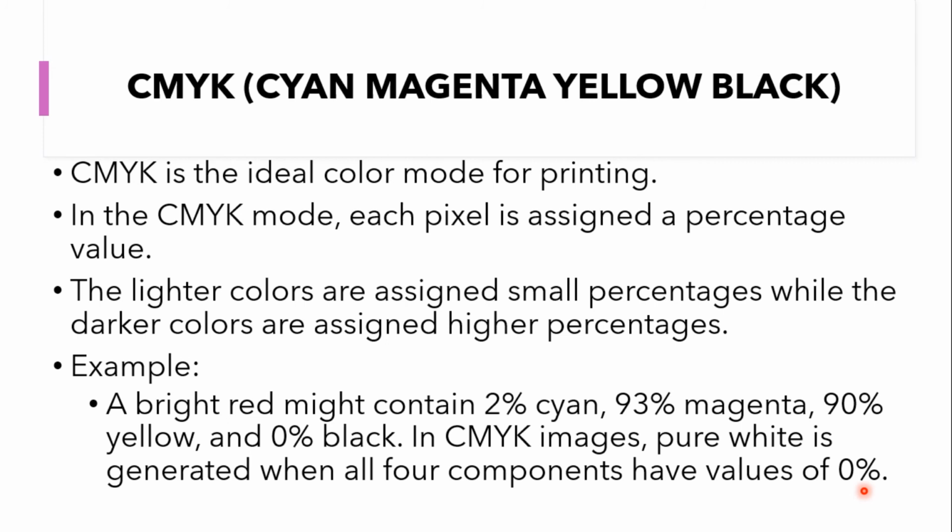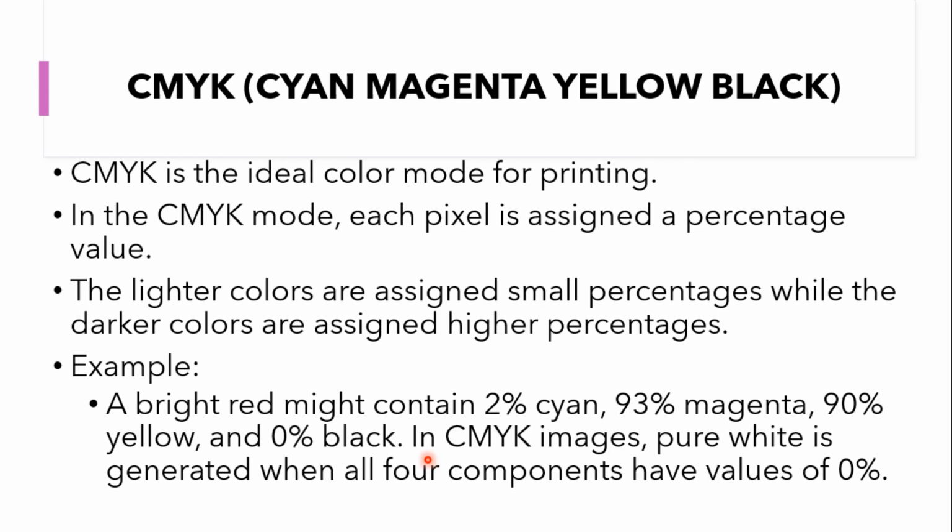In RGB, 0 reminds you of no brightness, no color. But here in CMYK, if cyan produces 0, magenta produces 0, yellow produces 0, and black produces 0, it means you have a white color. I hope this was informative enough for you.